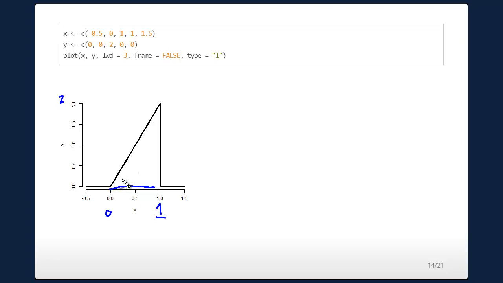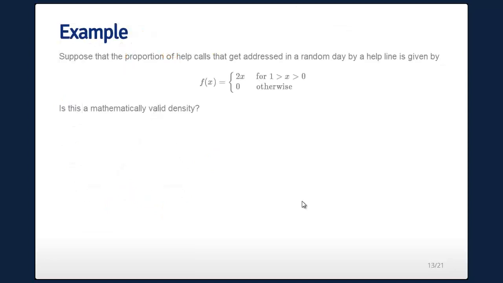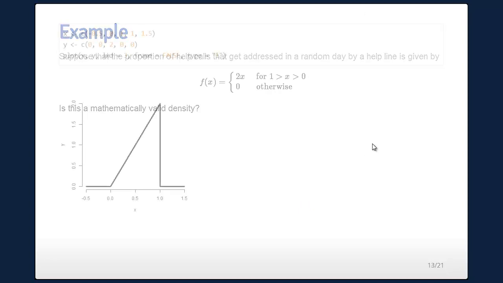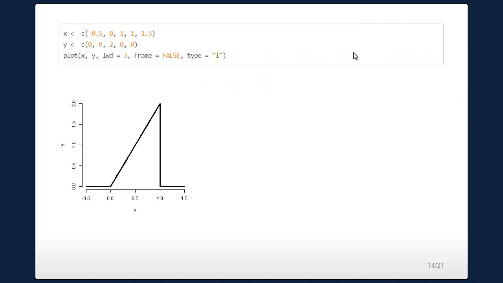So what does this say? This means that the probability that the proportion of calls, let me go back and remind us how we defined the proportion of help calls that get addressed in a random day. So what does that mean?